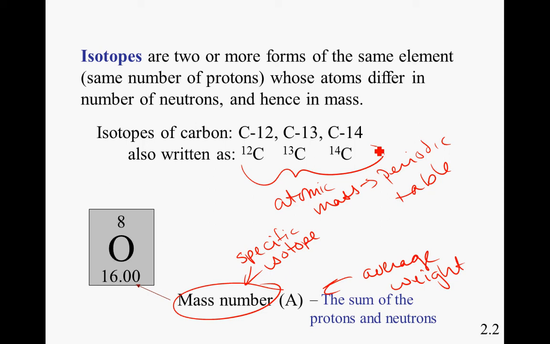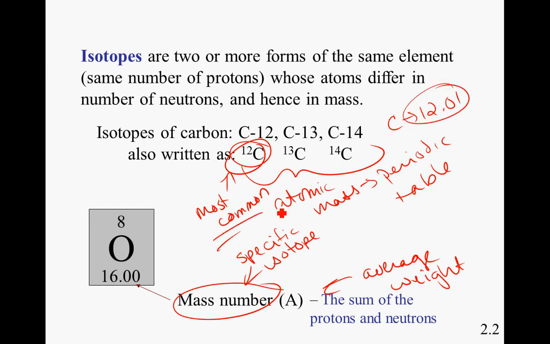For instance, if we looked on the periodic table, we would notice that carbon is 12.01. Carbon 12 is the most common. Therefore, the average mass is actually closest to the one that's the most common, rather than just taking an average of all three of the isotopes.